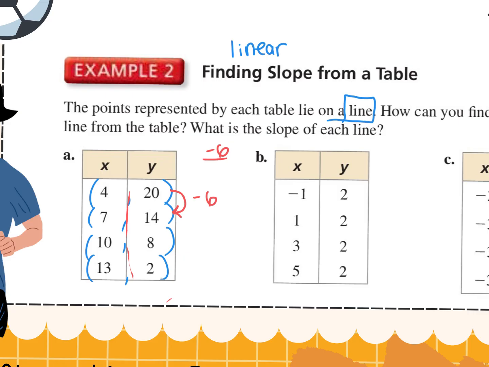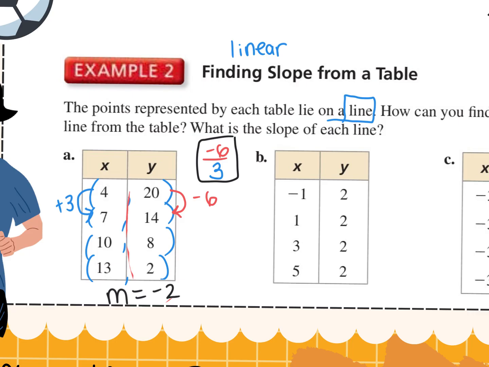The denominator is going to be how the x's change. From 4 to 7, it went up +3. I could just write 3. That is a fraction. -6 divided by 3, m is equal to what? It's a whole number. -2. So the slope is -2.